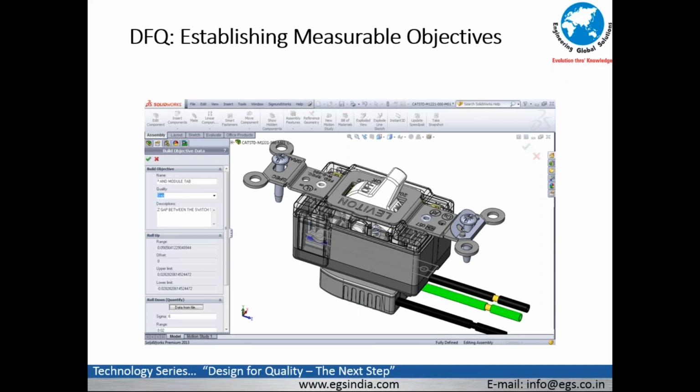This is where checking the design for quality objective inside CAD becomes important. Once you establish the measurable objectives, you can put them on the 3D CAD and do what is called variation simulation, which we talked about earlier in the presentation in terms of variation risk management. This is exactly where the DFQ process gets driven by quality and reliability issues.